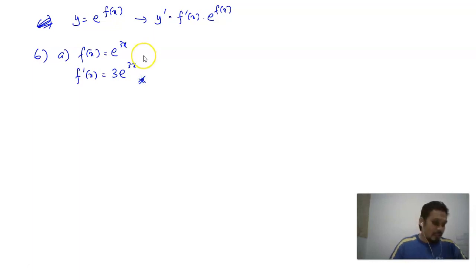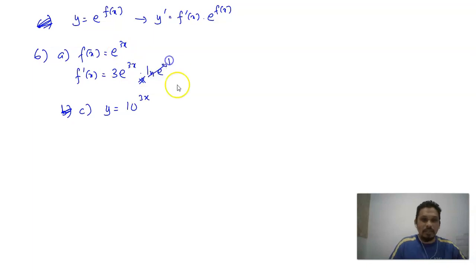Okay, I'm not going to show you all. We're going to choose, okay, C. y equal to 10 to the power of 3x. What's the difference between the constant of e and 10? Okay, because with the constant of 10 here, when we differentiate this, actually there is a term of ln e here.